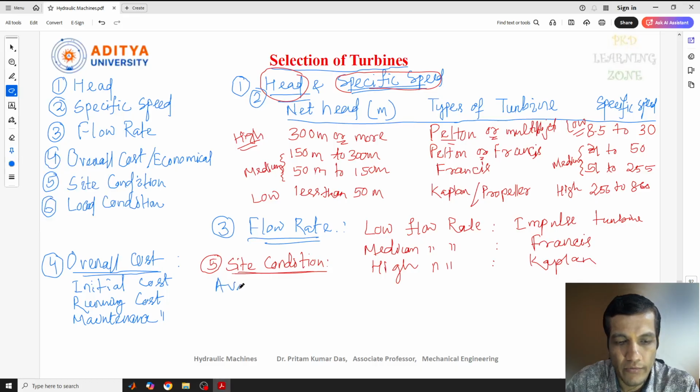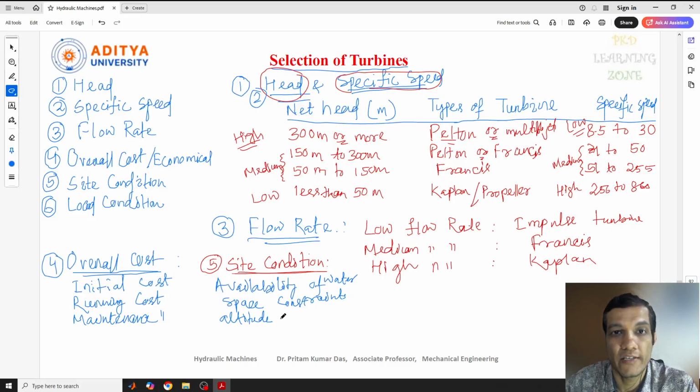So availability of water, and what about the space constraints? Whether the space is okay, that also can be taken into consideration. And another one is altitude, because based on the altitude your pressure variations will be there, and based on the pressure variations there will be a chance of cavitation formations. So the effect of cavitation will be there based on the altitude also.